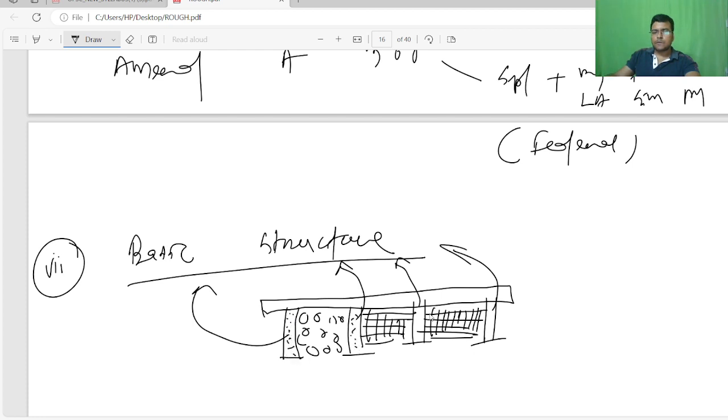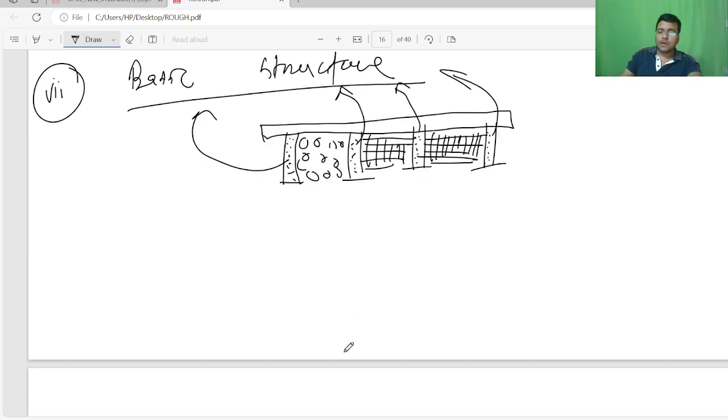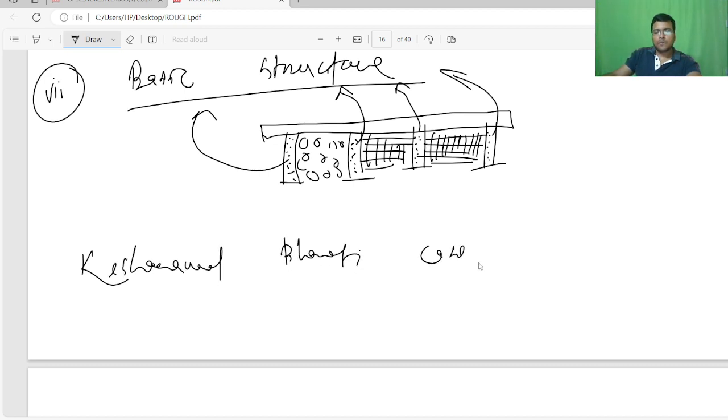These are basic structure, and this concept of basic structure started after the Kesavananda Bharati case, Kesavananda Bharati versus State of Kerala. It is only the judiciary who can state that this is basic structure and this is not, and from time to time it is defined, it is not fixed.